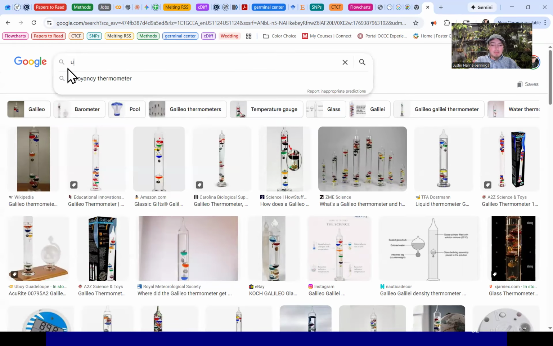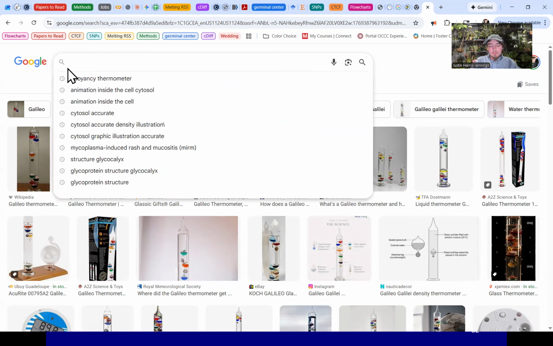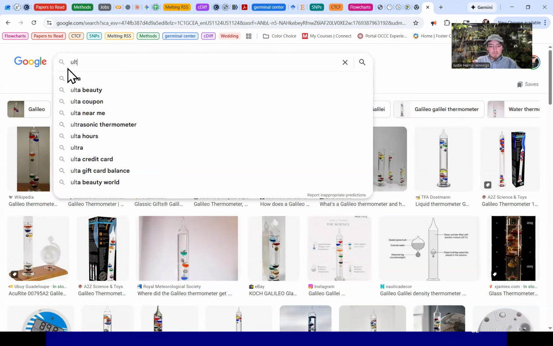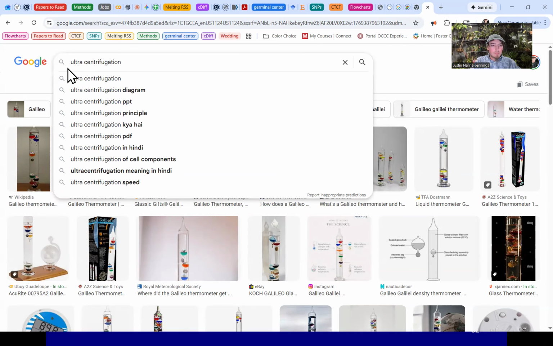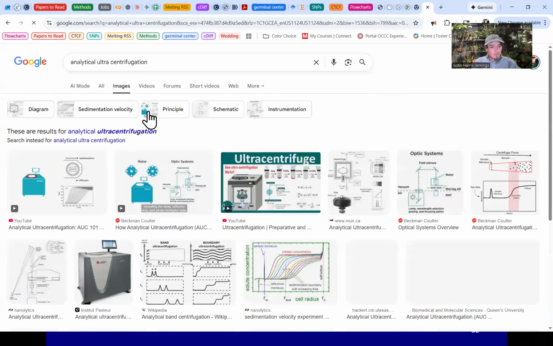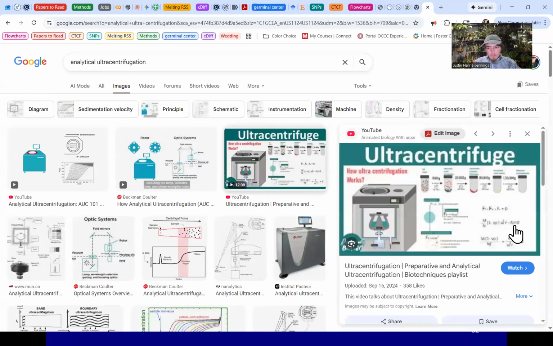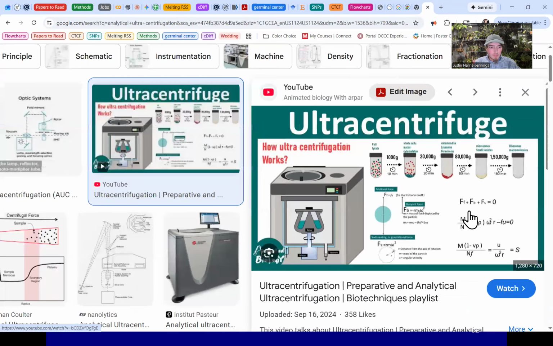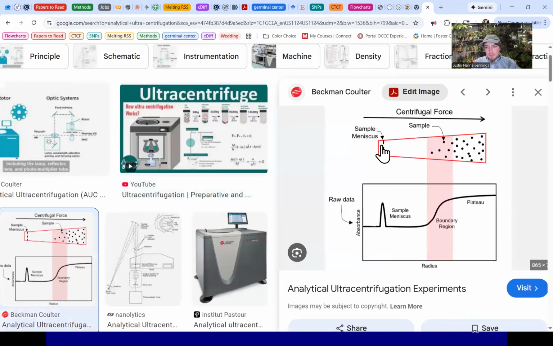But it is, so you have this gradient of sample, and you put a force, you spin it through.